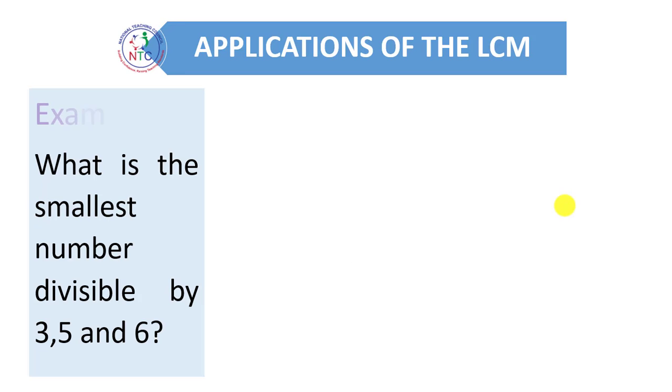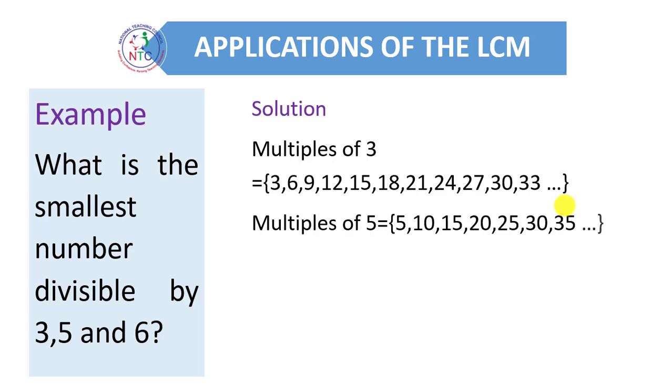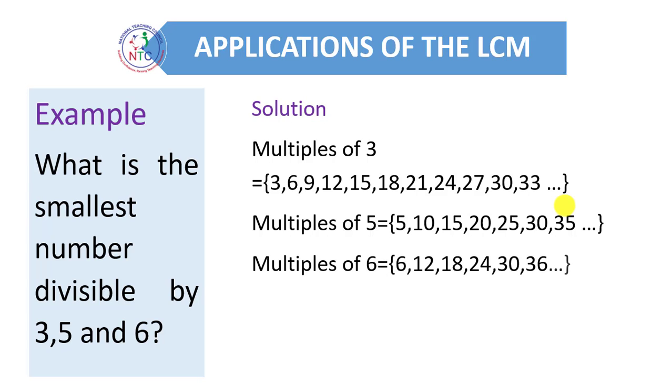All right, so looking at the solution, the multiples of 3 include 3, 6, 9, 12, 15, 18, 21, 24, 27, 30, 33, and so on and so forth. The multiples of 5 include 5, 10, 15, 20, 25, 30, 35, and so on. And the multiples of 6 include 6, 12, 18, 24, 30, 36, and so on.